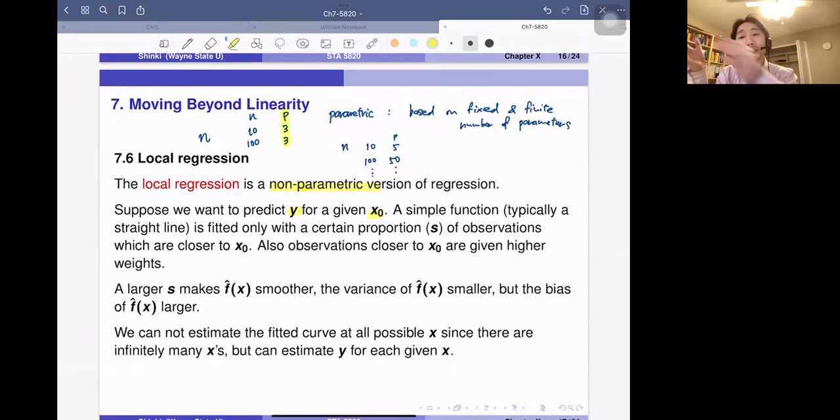So probably it's good to use just the data set whose profile is similar to the 70 years old lady. So maybe age 70, maybe 65 to 75. Then we take the average weight, maybe average BMI, of those people to see if that patient is overweight or not. So we use only local information to see something. So that is the idea of the local regression.